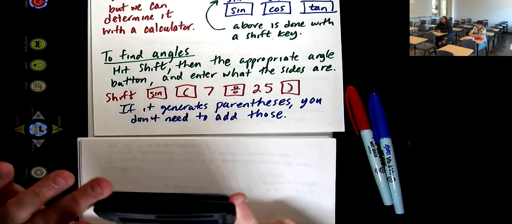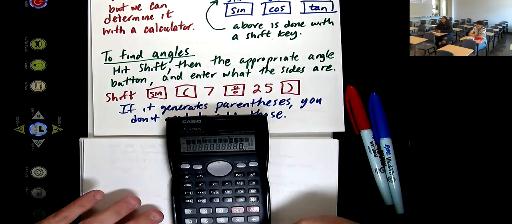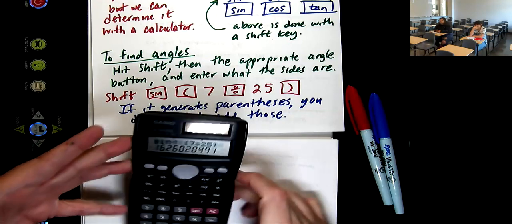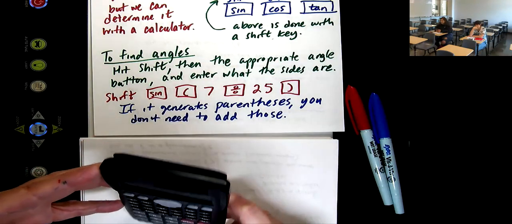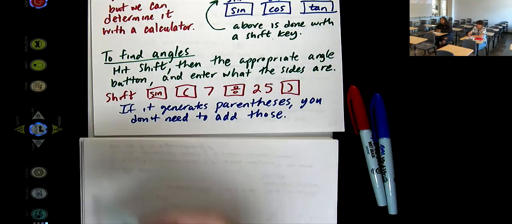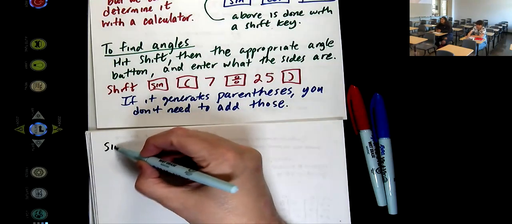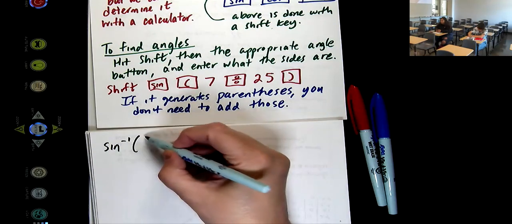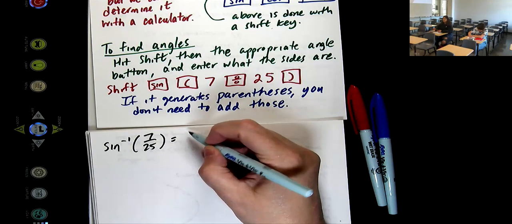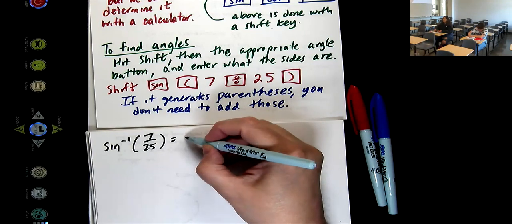I got it the way I exactly want it? Yes, I do. What'd you get? 16.2602. I got 16.26. Do you want all the decimal places mine shows? So sine inverse of 7/25 is, it looks like sin with a -1, but it's pronounced sine inverse.